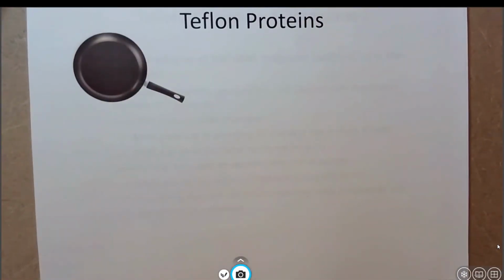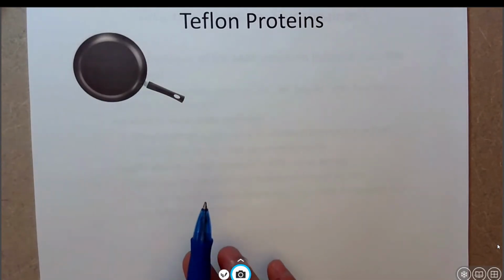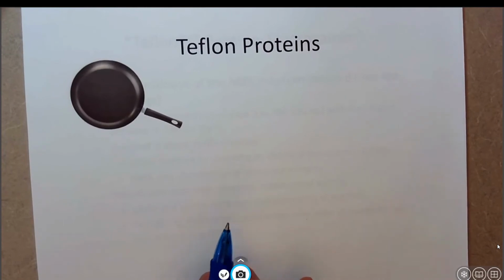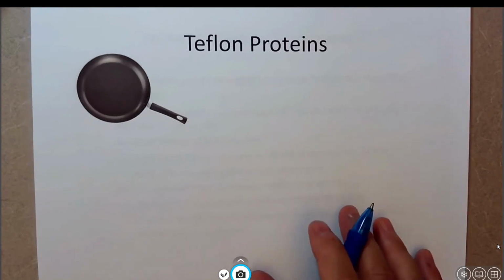But what are fluorinated amino acids? Well, fluorinated amino acids are synthetic analogs of regular amino acids, except that they are comprised of carbon-fluorine bonds, which are extremely strong. Everyone here, I'm sure, has heard of Teflon.